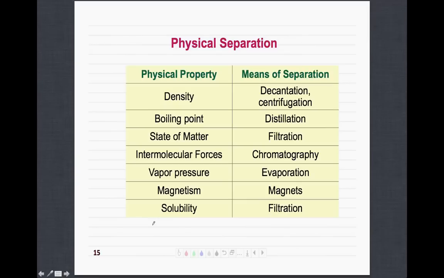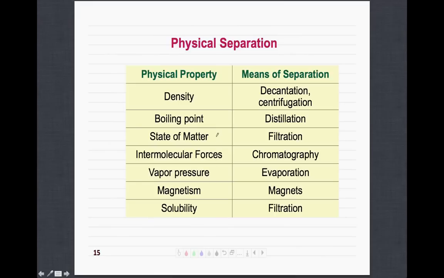So we use the density to have these two phases, and simply if I have water and oil, I can open the bottle and pour the oil into a beaker until I get rid of all the oil, and then I'll have separated them. So I use the difference in density between the two to separate them.